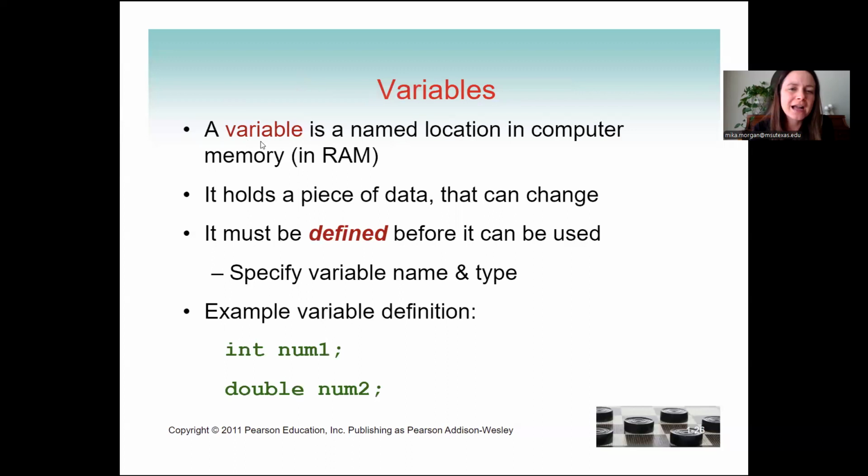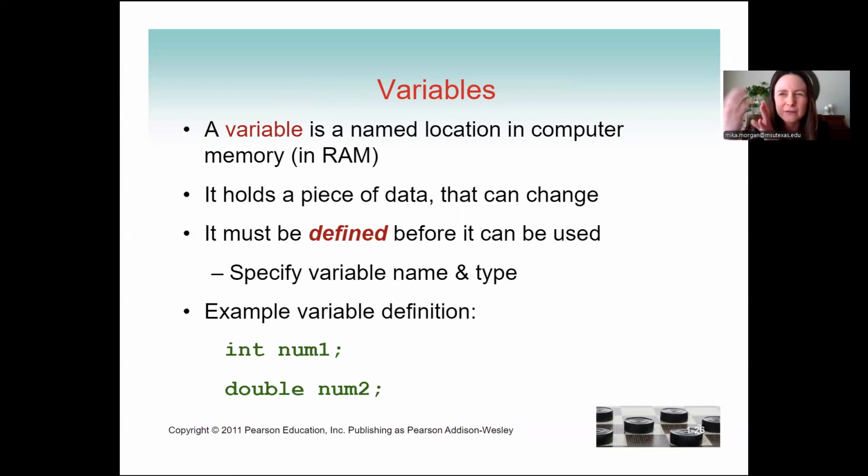All right, so I already talked about variables. A variable is a place in your memory. So remember, RAM is your main memory. So a variable is some location in your memory that you have reserved to store some piece of data. The information that's inside of that can be overwritten.